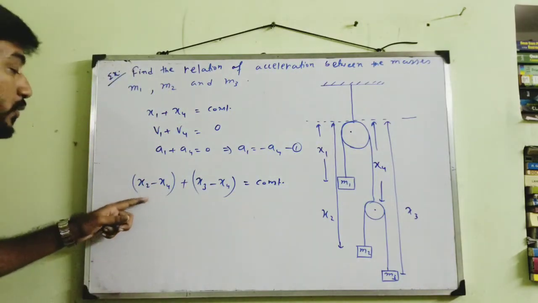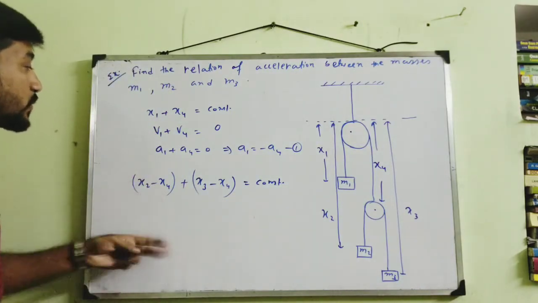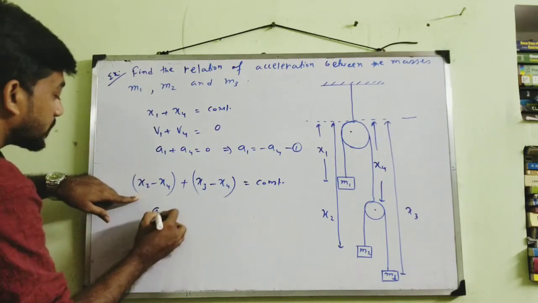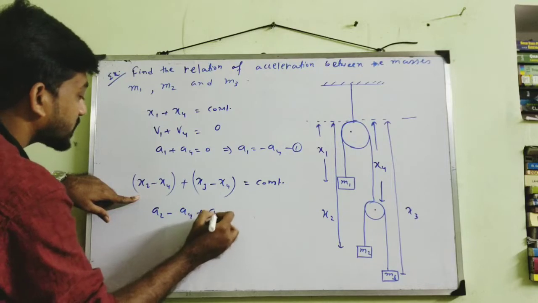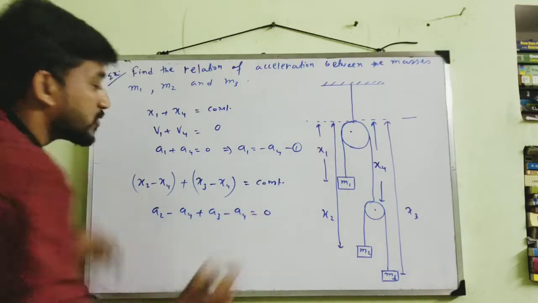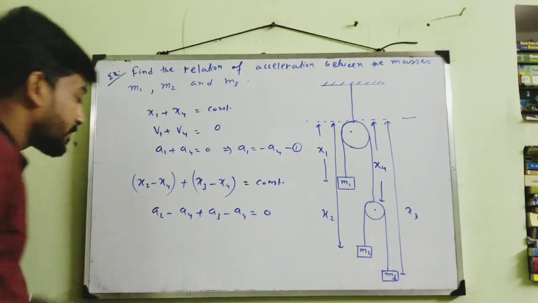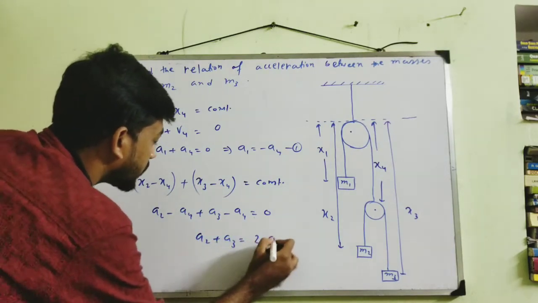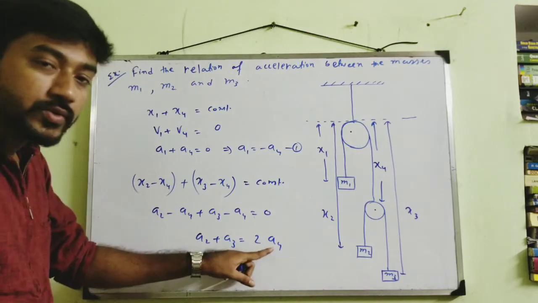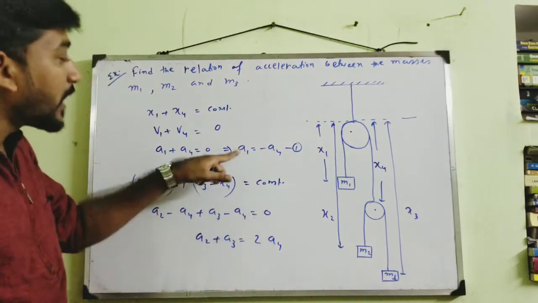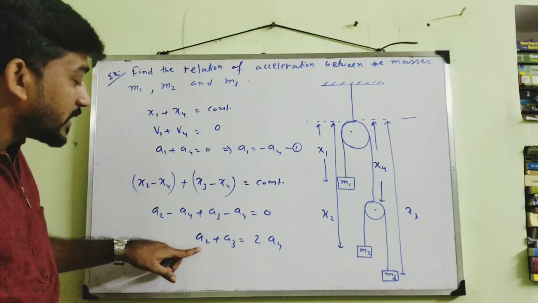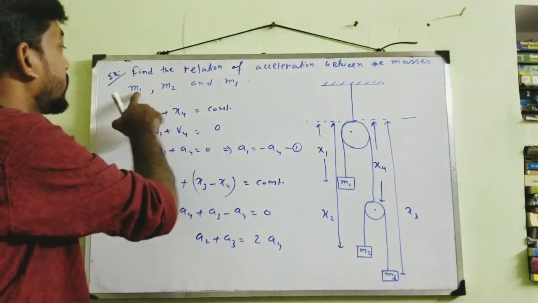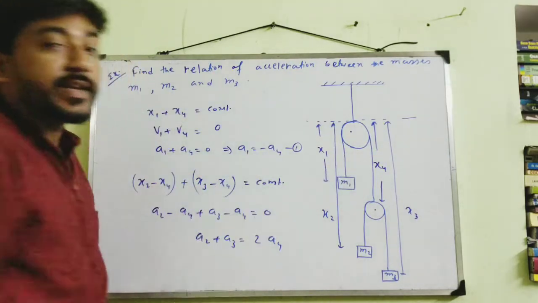If we take the derivative twice, we get the direct relation of the acceleration. So it will be a2 minus a4 plus a3 minus a4 equals 0, because the derivative of a constant is 0. So a2 plus a3 equals 2a4. Now if we substitute a4 by minus a1, we get the relation between a2, a3 and a1, because we have to eliminate x4 or a4.